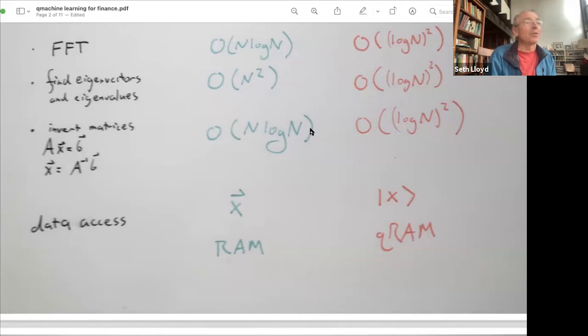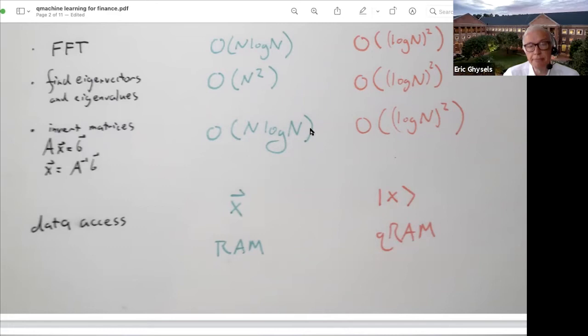For Monte Carlo, there's a generic square root of n speedup, which is good, because the bankers say their main task is to figure out how much supercomputer time they need. At 5 p.m., they have to figure out how much supercomputer time they need between 5 p.m. and 9 a.m. to do the Monte Carlo they need to make the decisions they're going to make tomorrow. So if one could speed that up, that would be great.